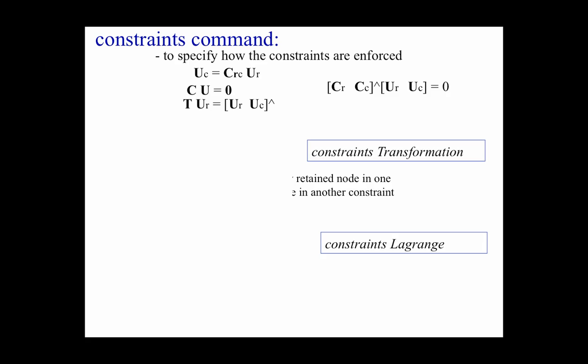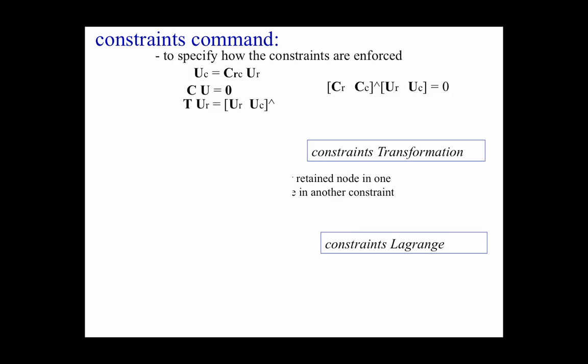The difference between the transformations is the penalty method is nice because it keeps the sparsity of our structural matrix. If we've got a really tall building with constraints in there, it doesn't mess up the sparsity pattern of our matrix. We like to keep it nice. When we start dealing with the transformation matrix and all the transformations, this is typically a smaller matrix, but typically a much denser matrix.